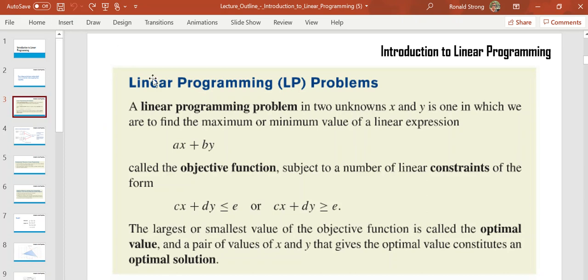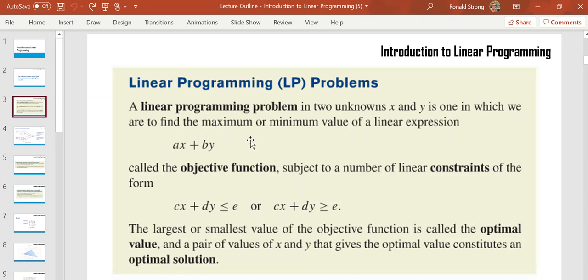be linear. In the last unit that we finished up, we were dealing only with linear equations and systems of linear equations, and we learned how to solve systems of linear equations. So this right here is a linear equation, and it is the objective function. The thing that makes a linear programming problem unique is that the objective function is going to be subjected to constraints.